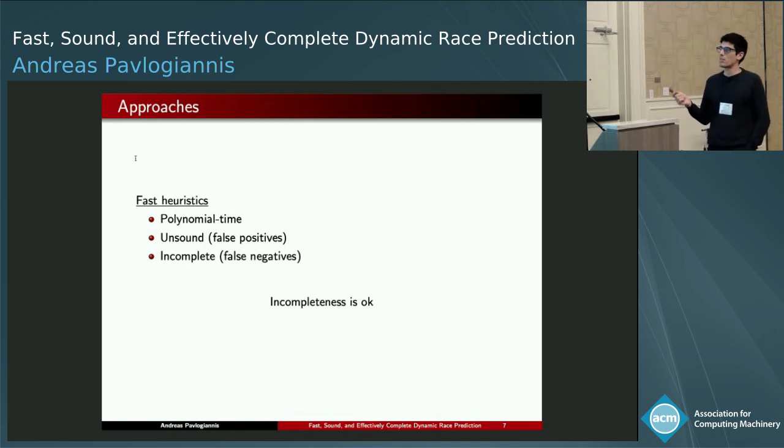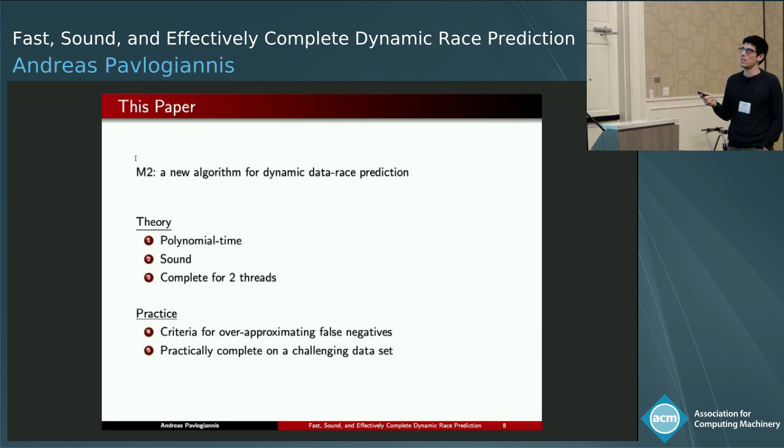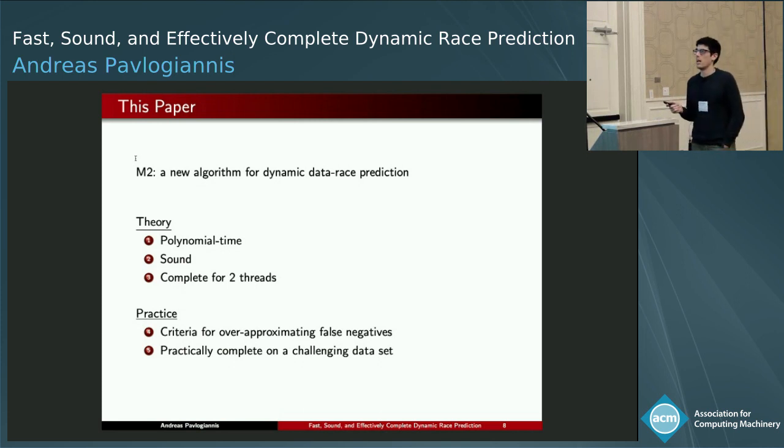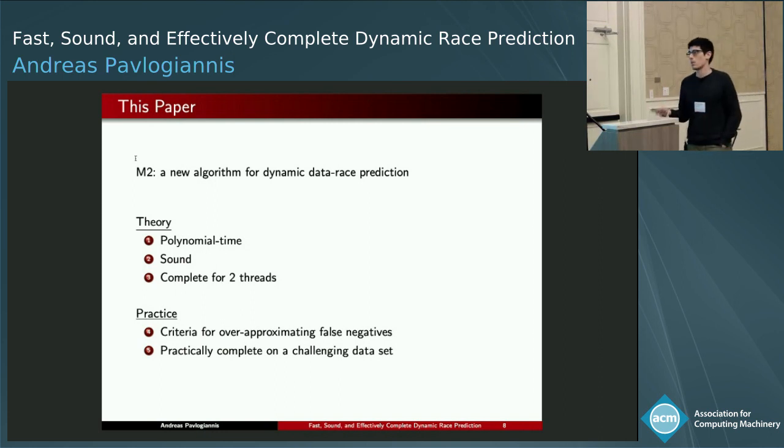Right? So this work tries to push the boundaries further with regards to this incompleteness. So what we develop is a new algorithm for dynamic data race prediction. We call it M2. In alignment to existing literature, this is a polynomial time sound algorithm, which is also complete when it comes to traces that only consist of two threads. When you go beyond two threads, the algorithm might have false negatives.